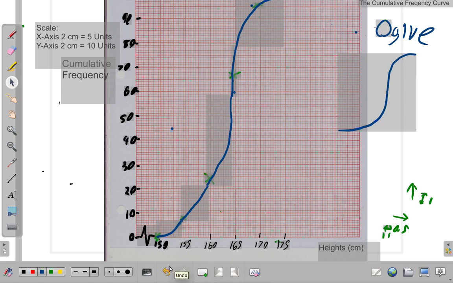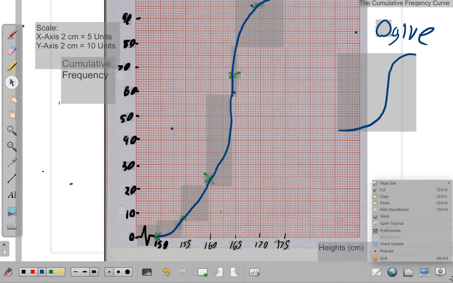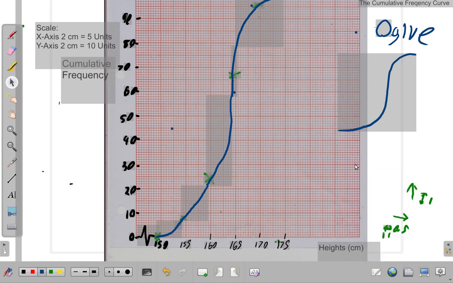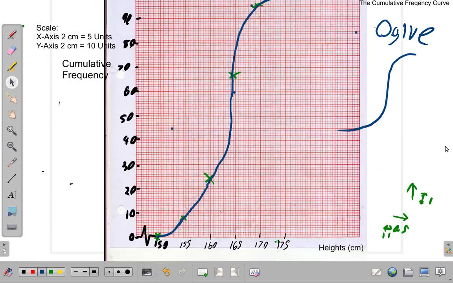Pages previous, next, erase. Oh, this version doesn't have the group option to group them together. I'll just have to move everything at once then.